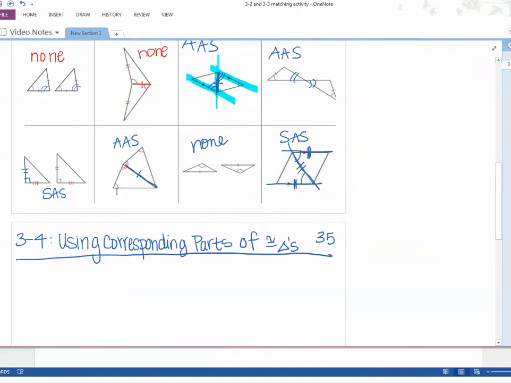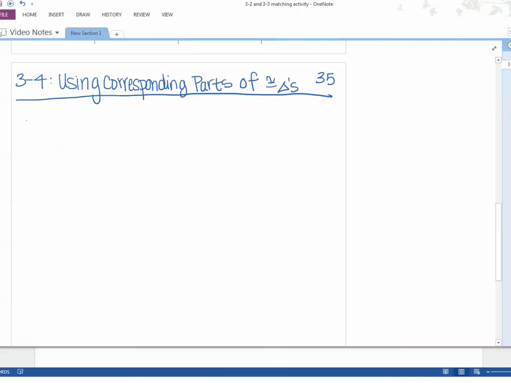Okay, so once we know that you have congruent triangles, so let's say we have this. I'm going to draw a little sketch of a triangle here, and another one that's the same, so we have congruent triangles. Let's say we have triangle ABC and triangle DEF.